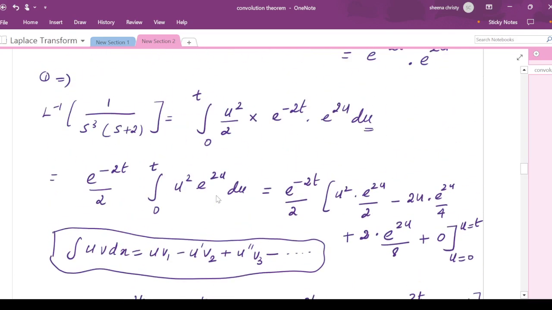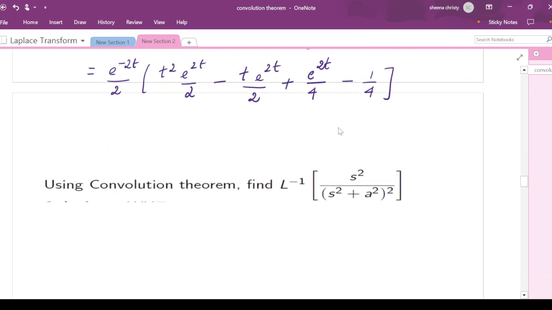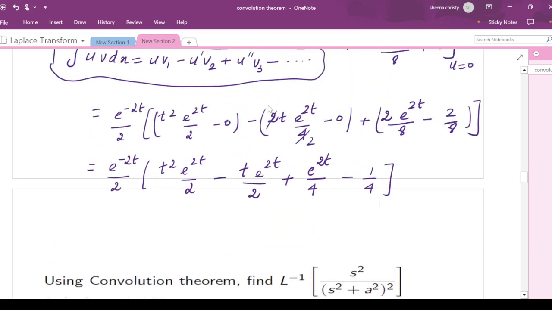So you can see that integration of 0 to t, the function u square by 2 into e power minus 2t into e power 2u du gives you the answer like this.